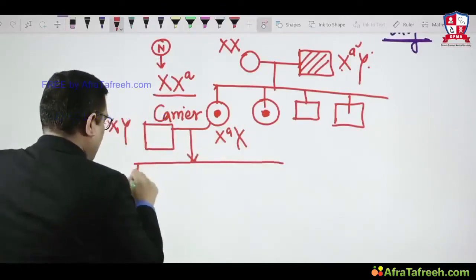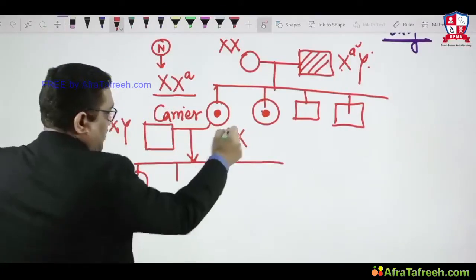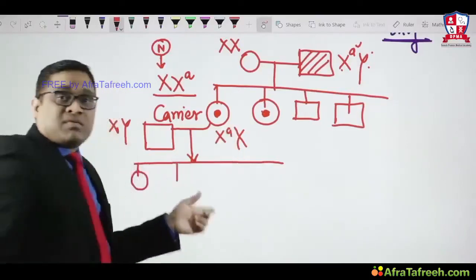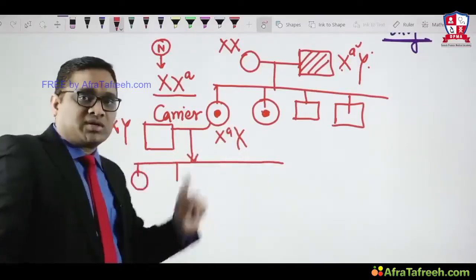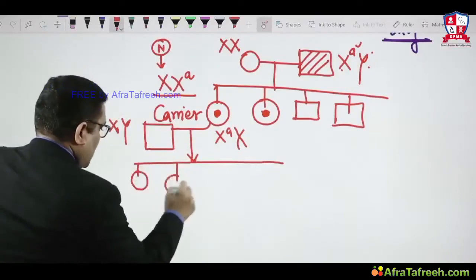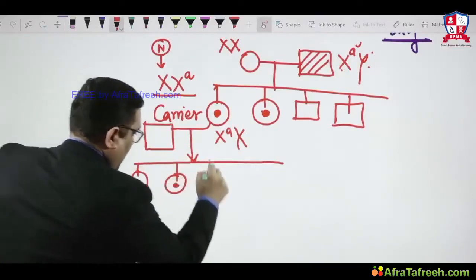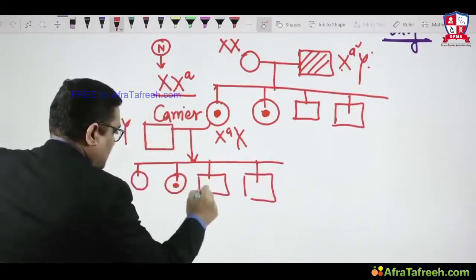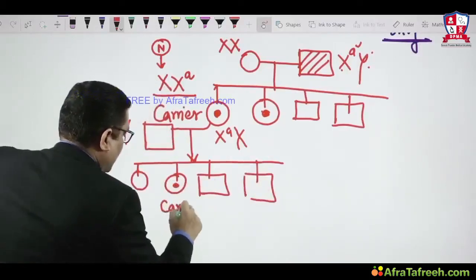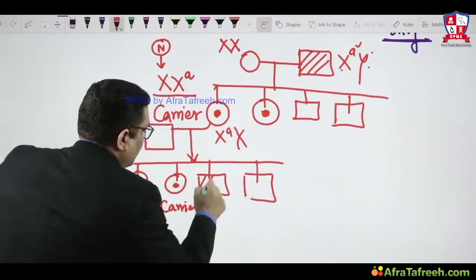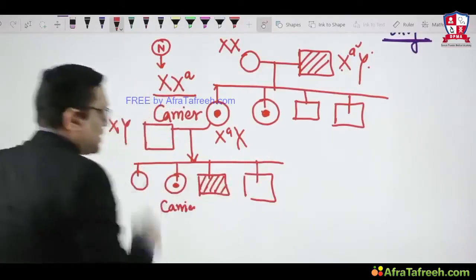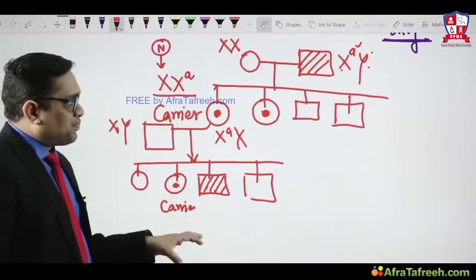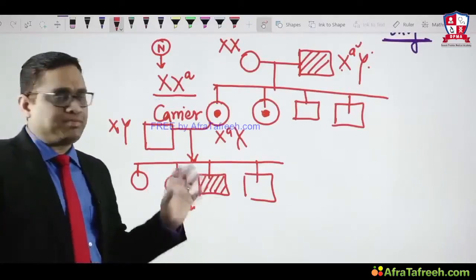Remember, the female's X chromosome will be going to both daughter and son. So one daughter will be having it and one son will be having it, right? When the daughter has it, she will be a carrier, as we are seeing, and when the son has it, he will be diseased. So that will be the projection of an X-linked recessive pedigree.